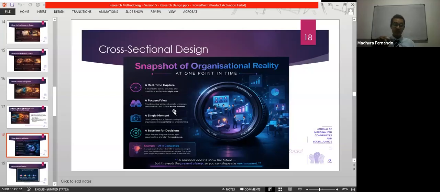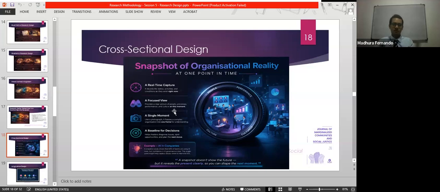But a snapshot doesn't show the future. It shows only this moment. It doesn't show the future, but it reveals the present clearly, so you can shape the next moment. Now, when you know how things are happening at this moment, you can find what the next initiatives are. You can anticipate the initiatives you have to take.